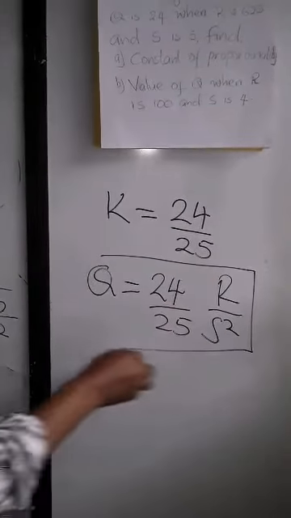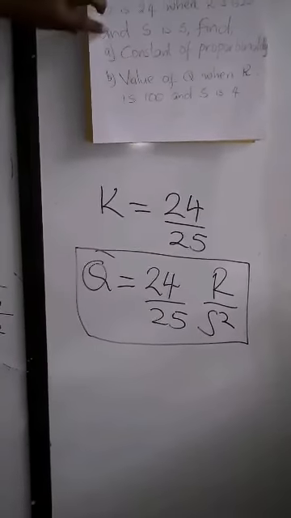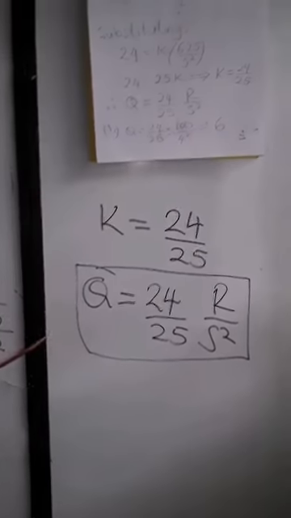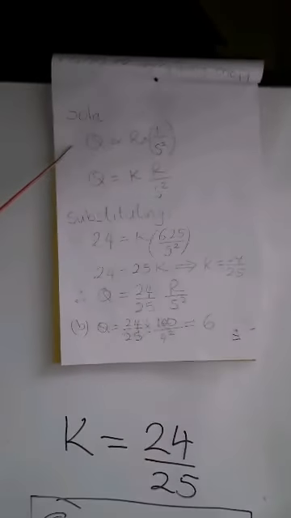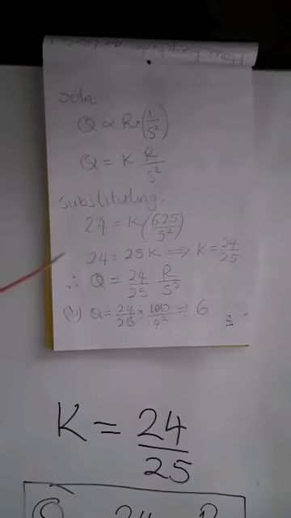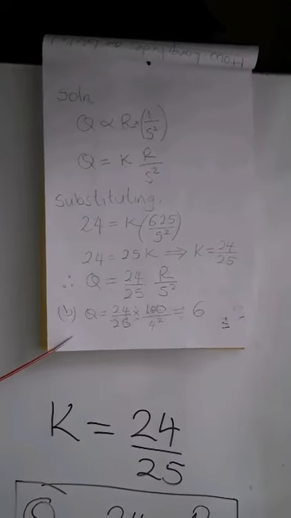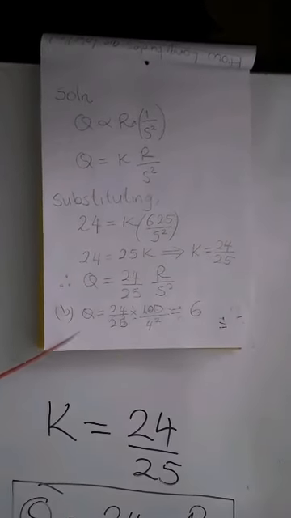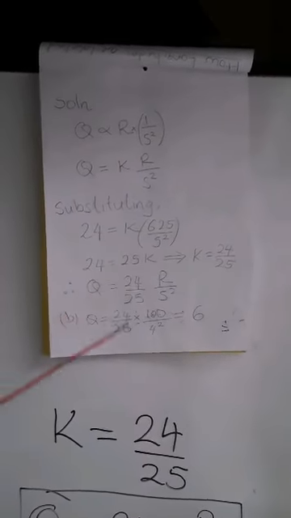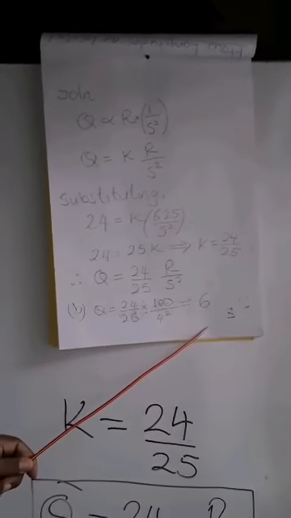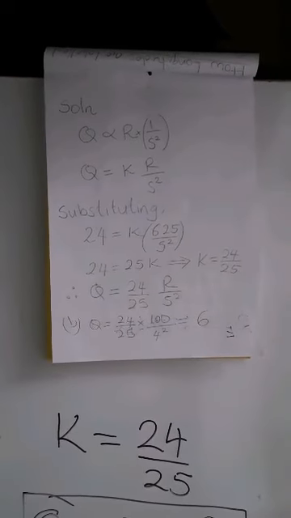That is now the equation relating Q, R, and S. So Q becomes 24 over 25 R over S squared. So what is the value of Q when R is 100 and S is 4? So you substitute now the values in the equation you have come up with, and you get that Q is 6. Alright? So that's an example of joint relationship or variation.